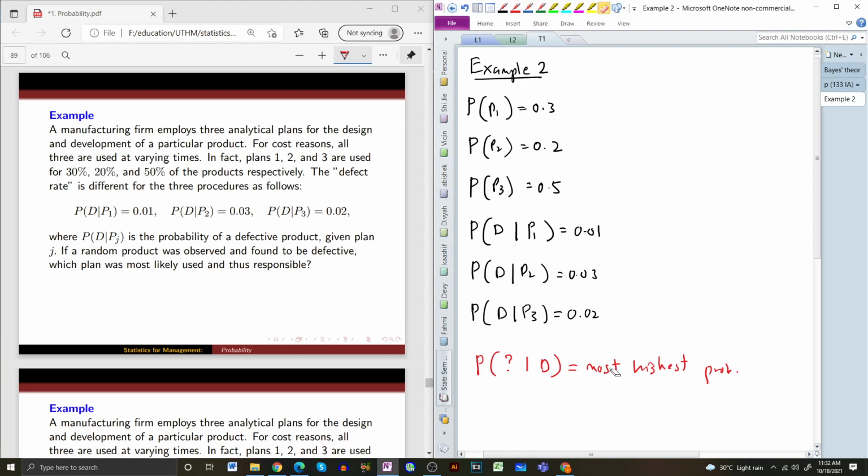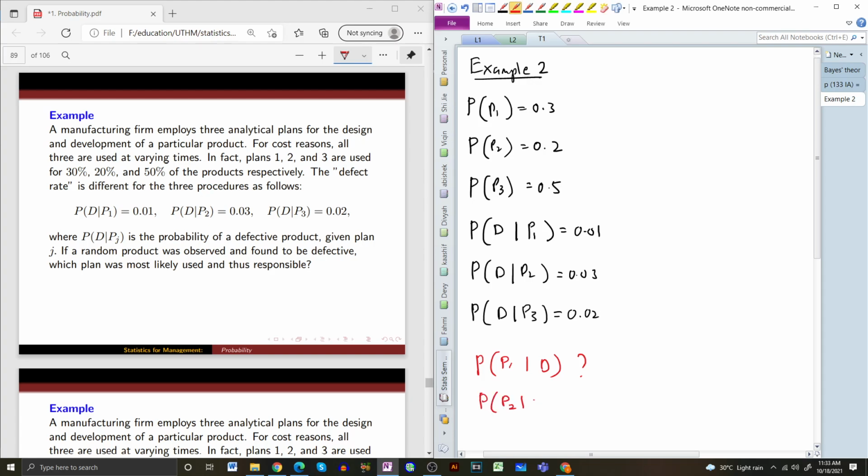Okay, highest probability. Which plan will give you the highest probability? Is it P1, P2 or P3? So we have no choice. We have to find P1. What is P1?